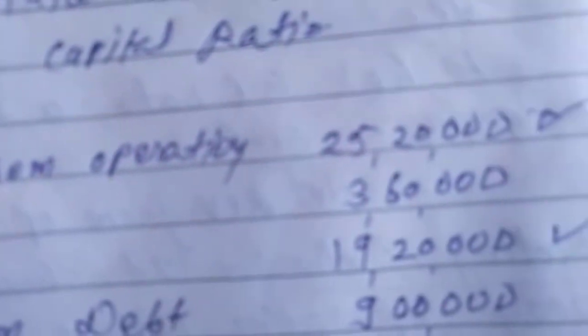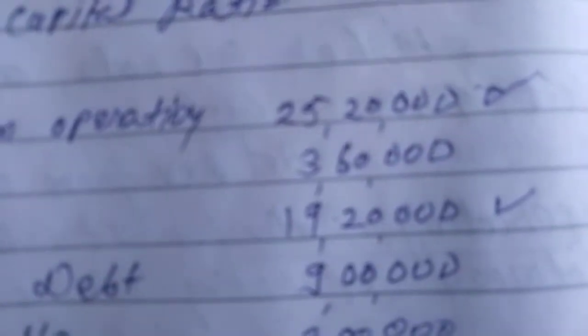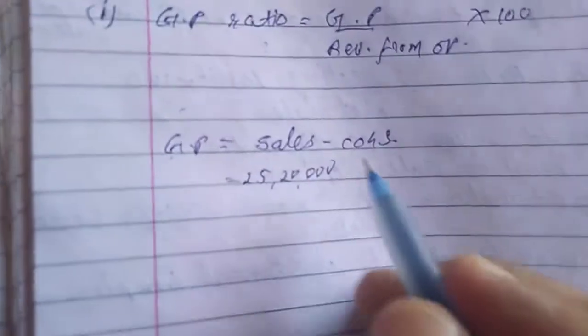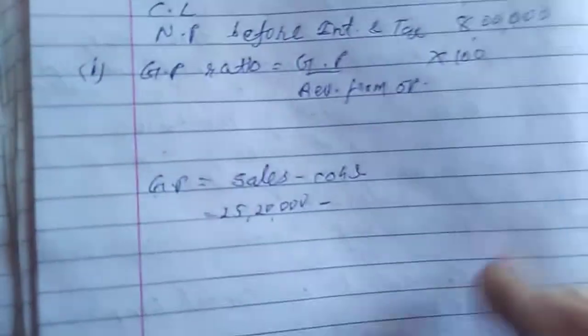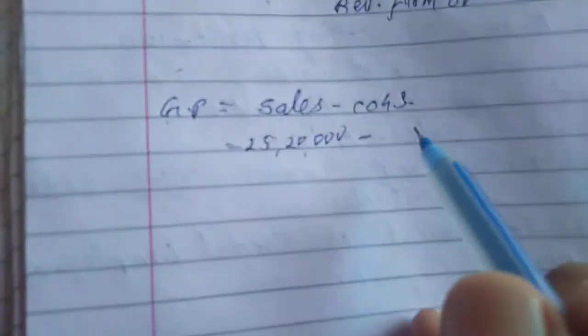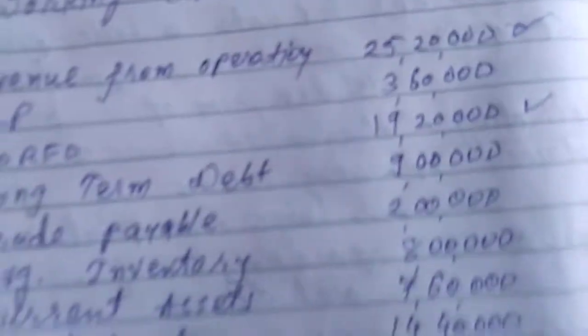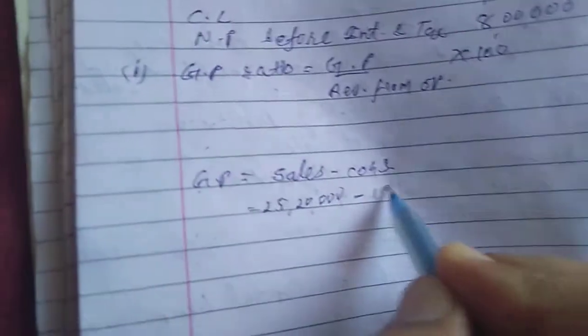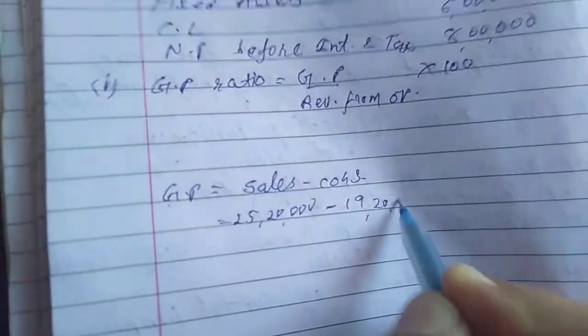So sales, meaning revenue from operation, is already given as 25,20,000, minus cost of goods sold or cost of revenue from operation, given as 19,20,000.